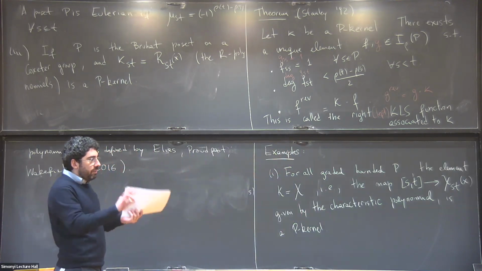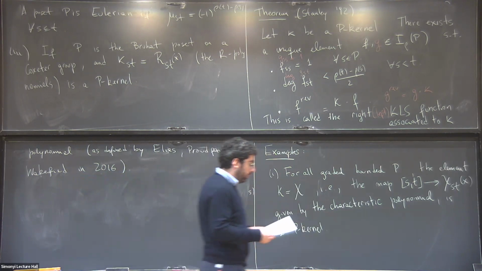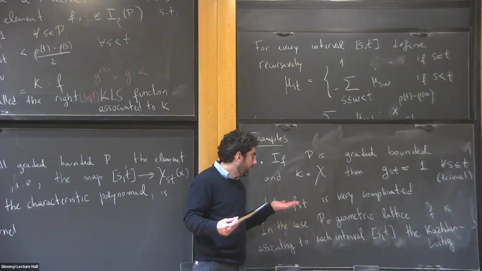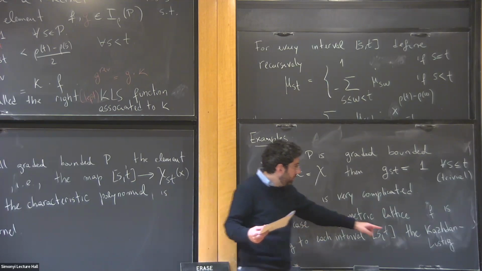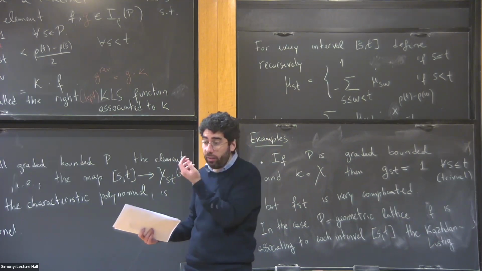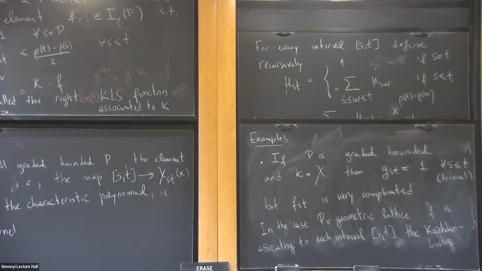Let me just say this. These results by Braden, Hu, Mathern, Proudfoot, and Wang imply that whenever you have a geometric lattice, this FST will always be a polynomial with non-negative coefficients. And the proof of that fact is quite hard. And that is not true if you do it for an arbitrary graded bounded poset.